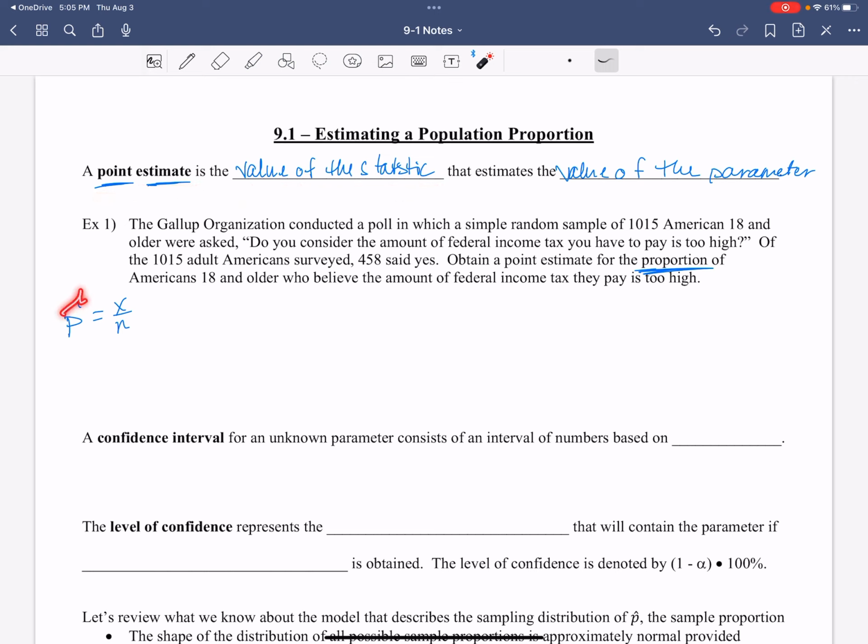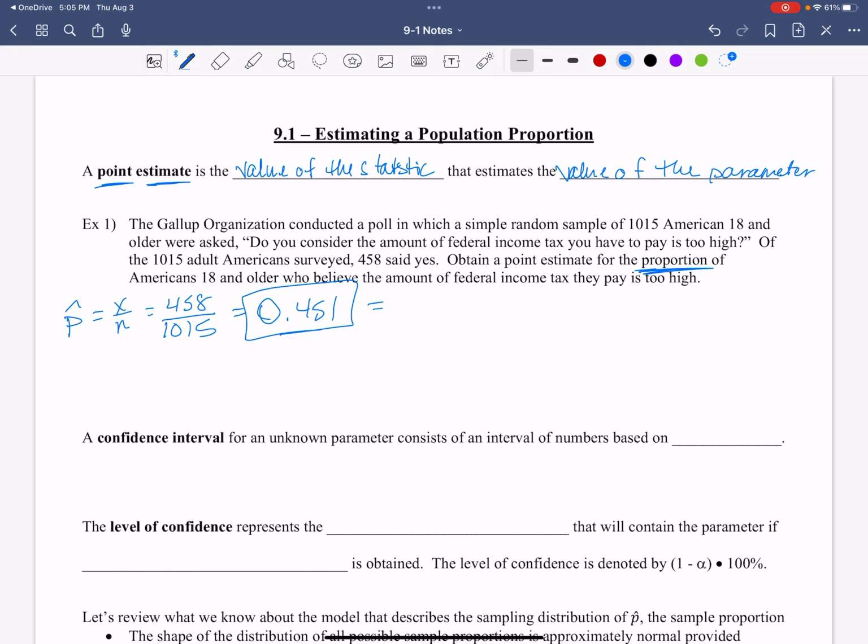So that's where this p hat comes in. We're not getting rid of it. It is hanging out with us. So we have 458 divided by 1,015. So 458 divided by 1,015, 3 decimal places. What do you get? I got 0.451. Is that what you get?